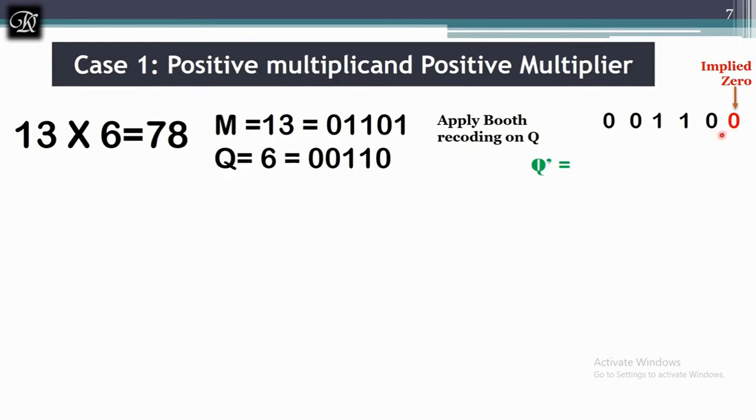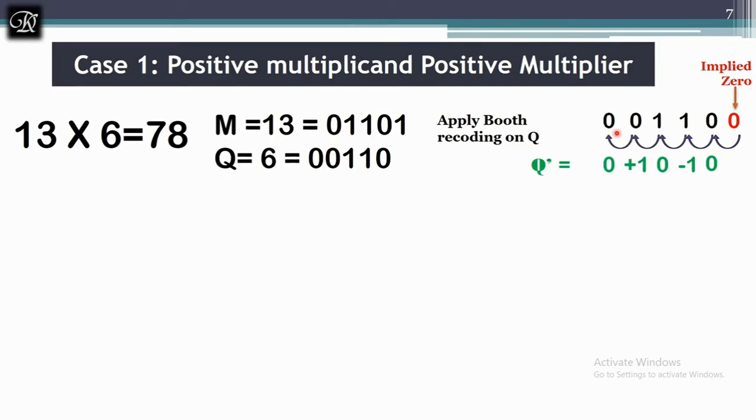According to the truth table, when it is 0 and 0, the new Q will be 0. And when it is 0 to 1, the new Q will be negative 1. And 1 to 1, it is 0 again. And 1 to 0, it is positive 1. And 0 to 0, it is 0 again. This is the new multiplier we got.